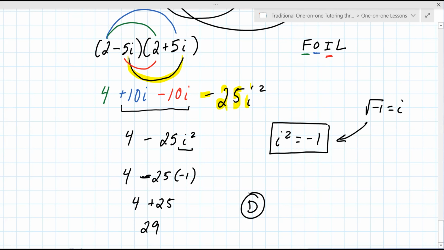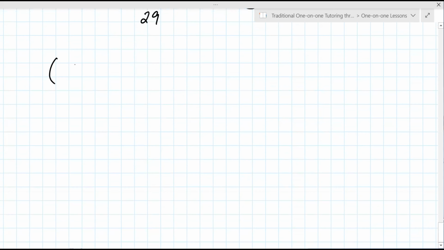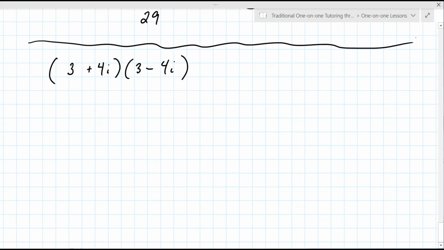Let's do another problem like this together. Do you have all your notes down here? Yes, I do. Okay, let's do another one together. So let's go 3 plus 4i, 3 minus 4i. And we're going to FOIL this time. So what is 3 times 3? 9.